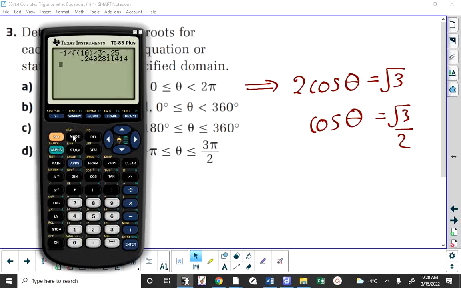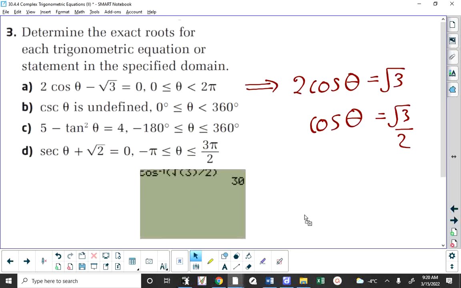So now that I'm in degree mode, I can take the inverse cosine of the square root of 3 divided by 2. Watch your brackets on this, because when you take the square root, it's going to force an incoming bracket on that argument of 3. You've got to close that before you divide by 2. Anyway, what we get is a reference angle of 30 degrees.